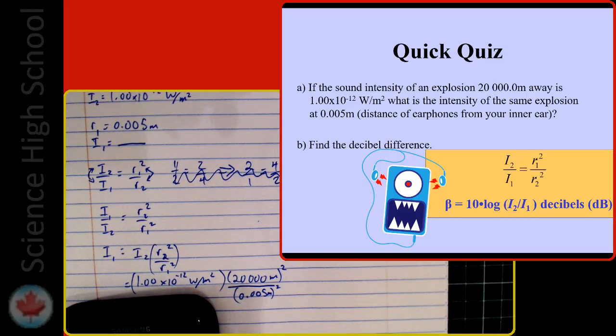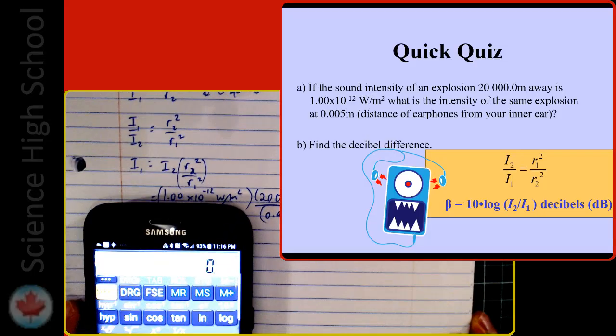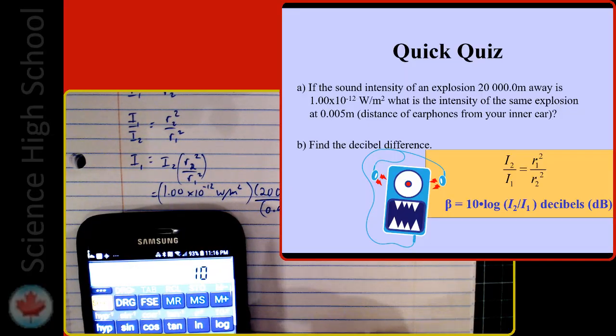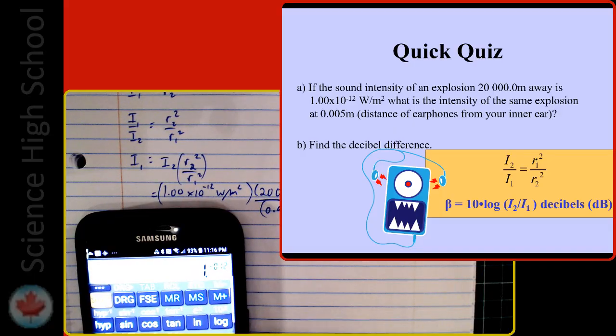And I gotta pop this into my calculator. Boy, I never use my phone as a calculator, so I hope that I can get all my numbers in properly. Double check my work, okay? 1.00 times 10 to the power of negative 12, equals, okay, good, times 20,000 squared divided by 0.005 squared equals 16.